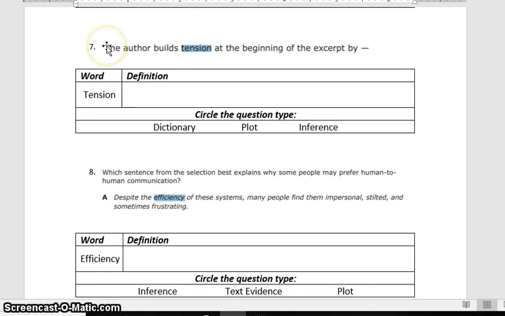Number 7. The author builds tension at the beginning of the excerpt by blank. What does the word tension mean? What type of question? Is it dictionary, plot, inference?